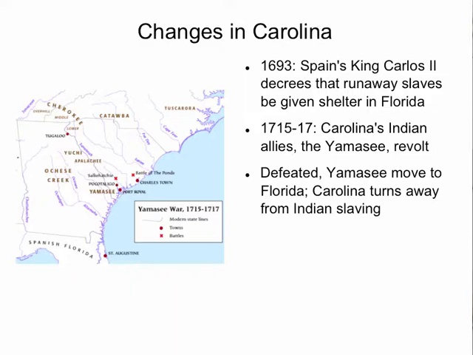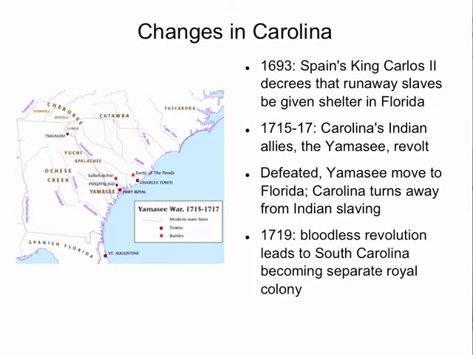But after the Yamasee War, the Carolina settlers reevaluated their policy and decided ultimately that Indian slavery was not really worth the trouble. And so, after 1717, the Carolinians essentially stopped enslaving Indians. But by that time, really, the colony had become prosperous enough that they could afford to buy Africans anyway, so they didn't really need the Indian slave strategy.